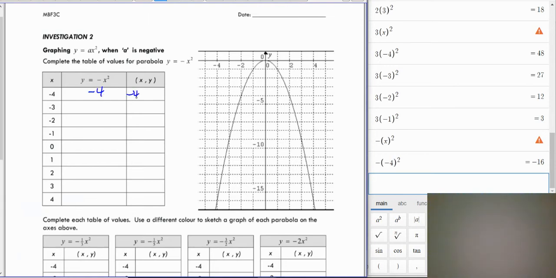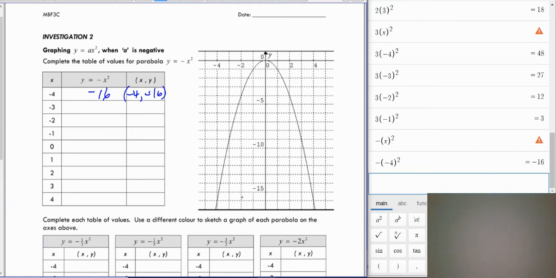So we have negative 4, negative 16. Okay, so negative 4 and negative 16.